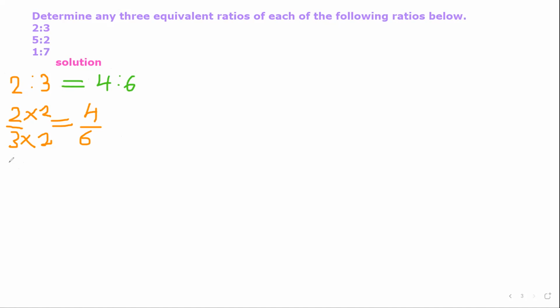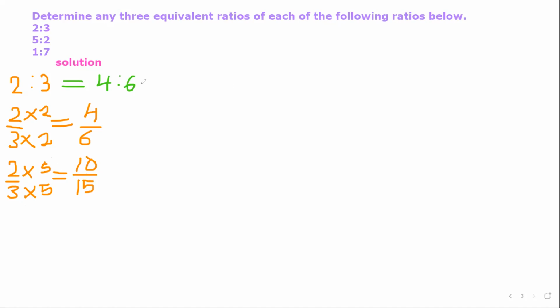When you have 2 over 3, then you decide to multiply by 5 and multiply here by 5. The number that you use to multiply the numerator must be the same number used to multiply the denominator. And here is 10 over 15, okay? So 10 over 15 is another equal ratio to what? 2 to 3.